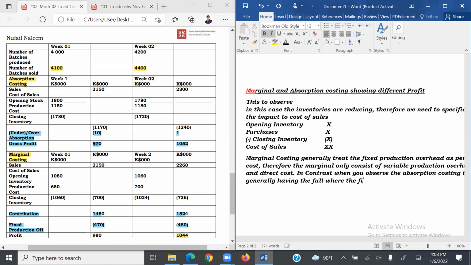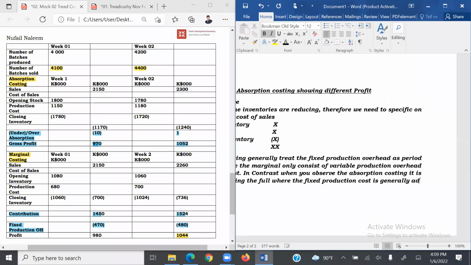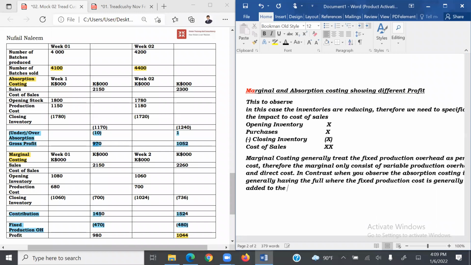where the fixed production cost is generally added to the cost, using the overhead absorption rate.